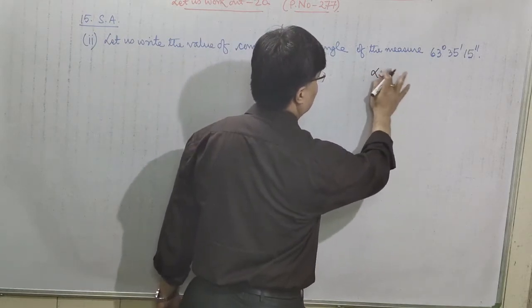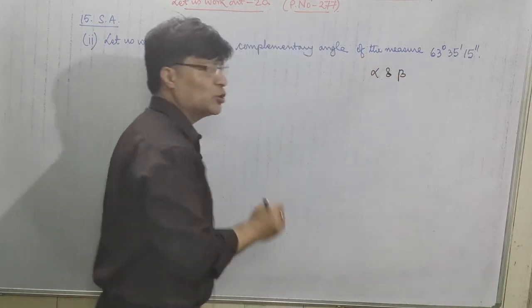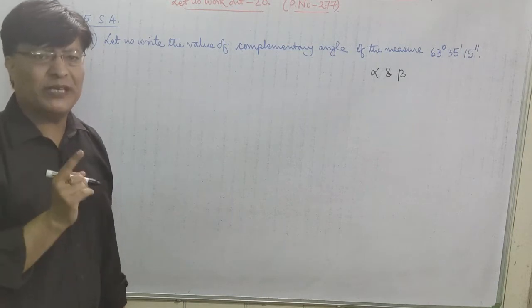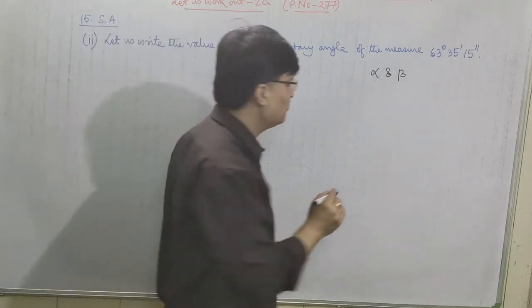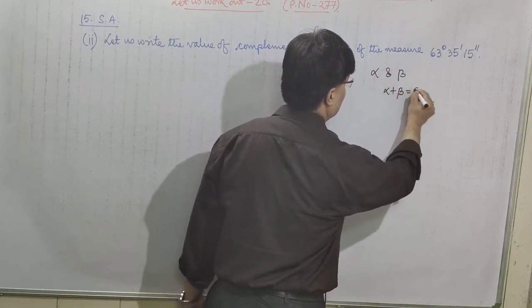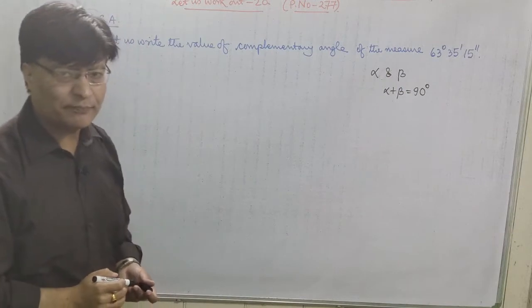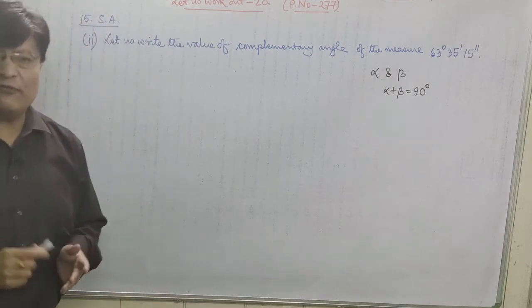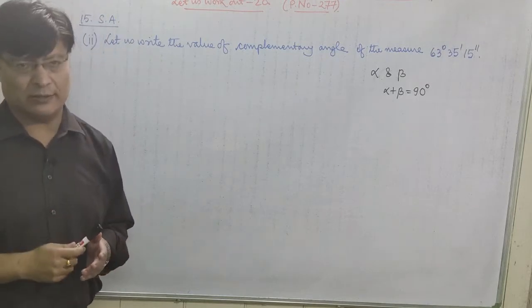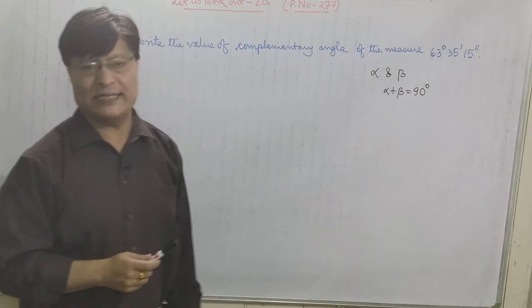These two angles alpha and beta are said to be complementary to each other if alpha plus beta is equal to 90 degree. Is that clear?